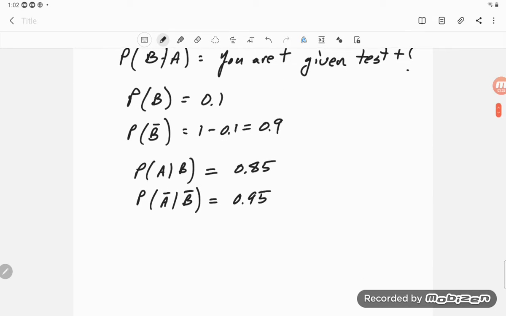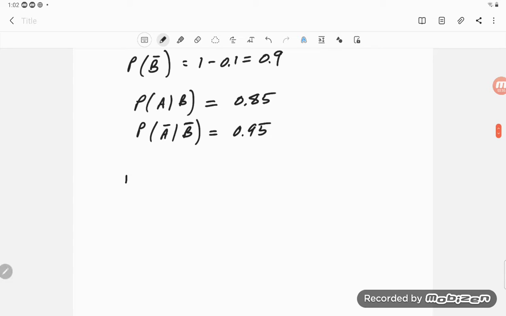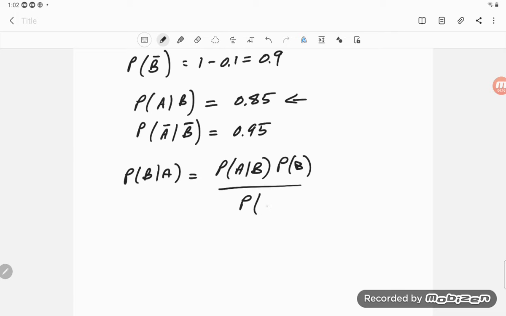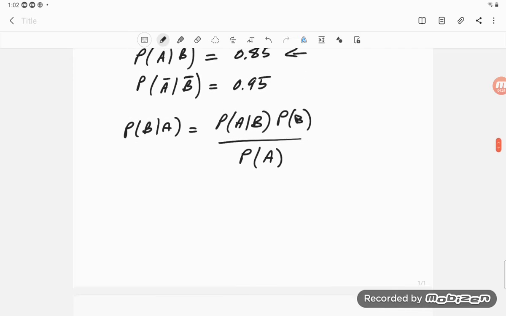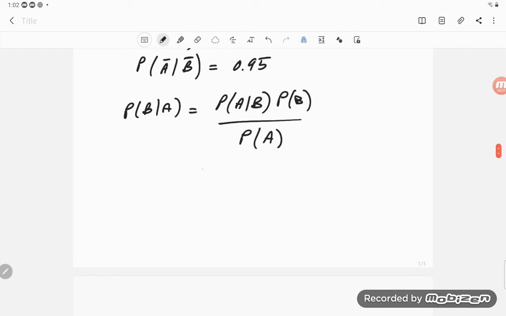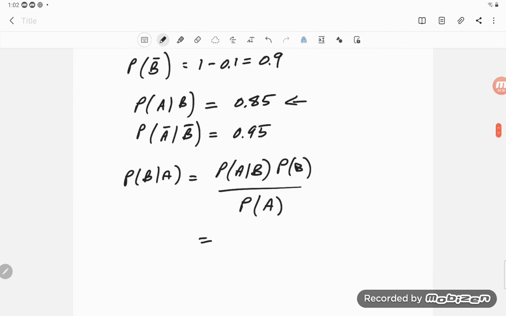So you see, in order to get at P of B given A, we'll want to use the probability of A given B, because that we have right there, times the probability of B over the probability of A. Now, the problem is I don't have the probability of A typically.